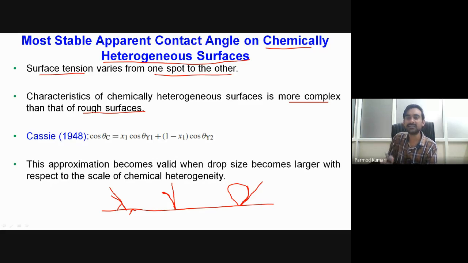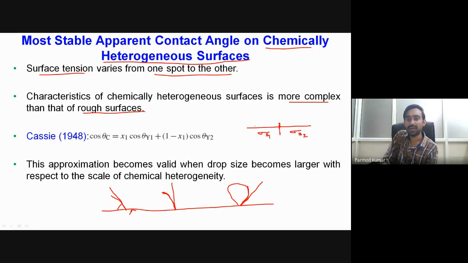Okay, so now let us consider a situation that we have a solid surface, and this solid surface has only two different surface chemistries. Means in this particular zone, say its surface tension is sigma S1, and beyond this particular zone, its surface tension is sigma S2.